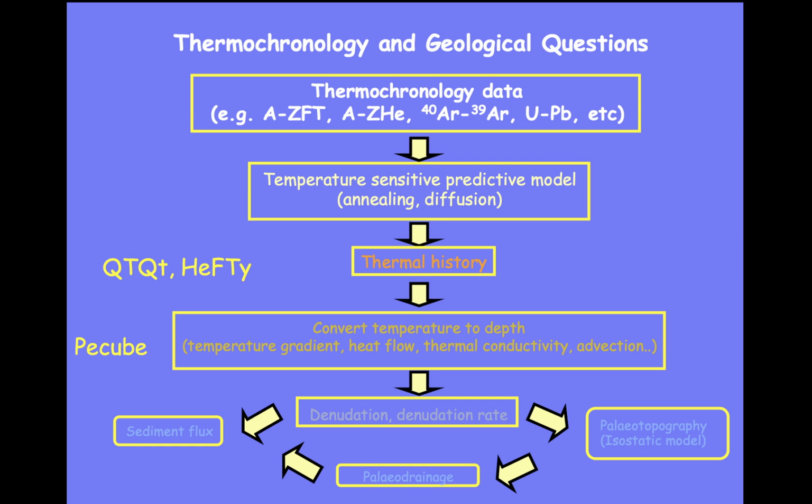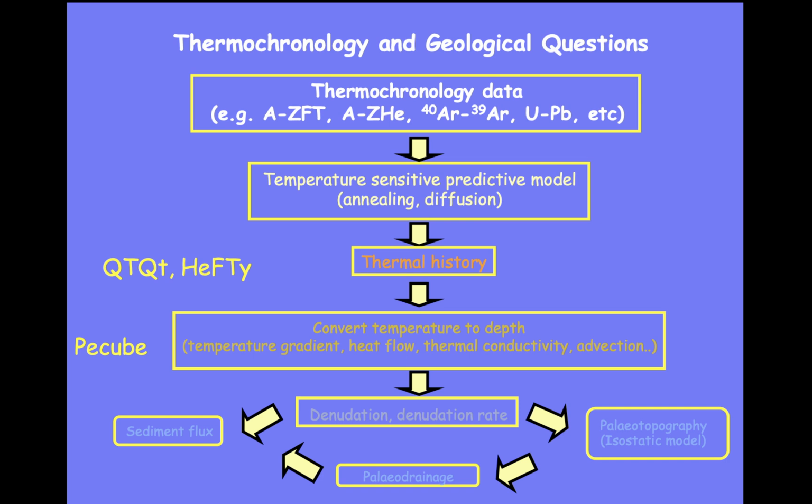We might need to worry about advection, so we need to specify velocities of transport. We need to specify boundary conditions like the heat flow into the base of the crust or the base of the lithosphere, depends what we're interested in, the surface temperature history and so on. So with those kind of sophisticated software, they're very useful, but we're a little bit further from the data than just trying to extract the thermal history.